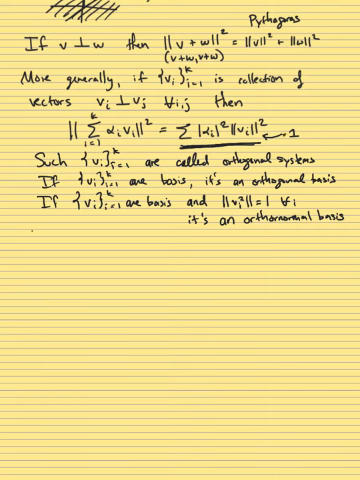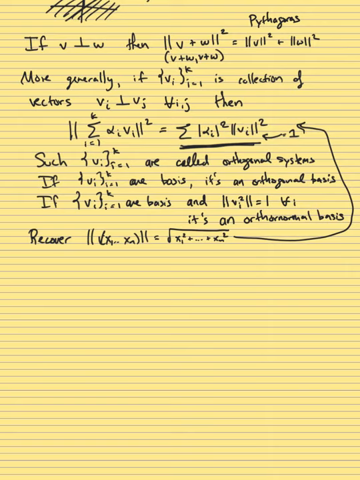And you recover the distance formula that we saw last time, which was the norm of x1 up through xn in Rn is just equal to the square root of x1 squared plus up through xn squared. This is just what this formula is saying, using the fact that we have an orthonormal basis for Rn that we're writing these coordinates in.